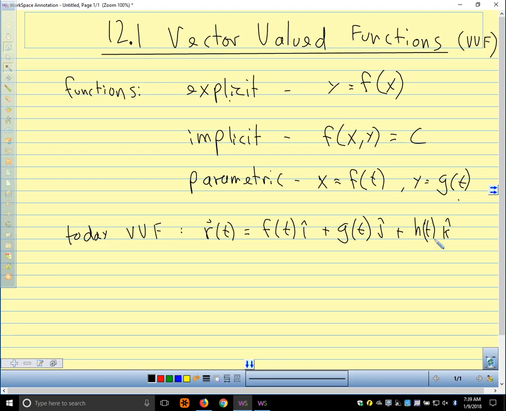So every value of the parameter gives us a position vector. We call this a position vector. Our parametric equations, f of t, g of t, h of t, give us our components. So we plug in a parameter and we get a vector.